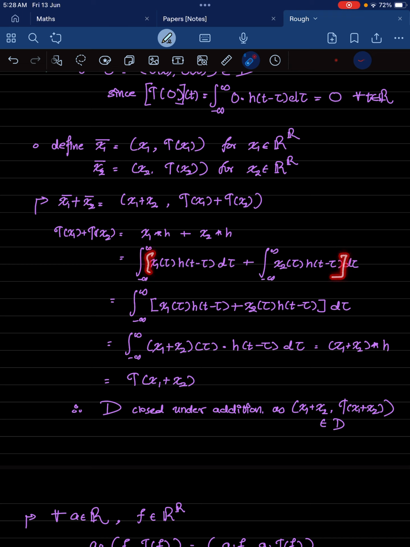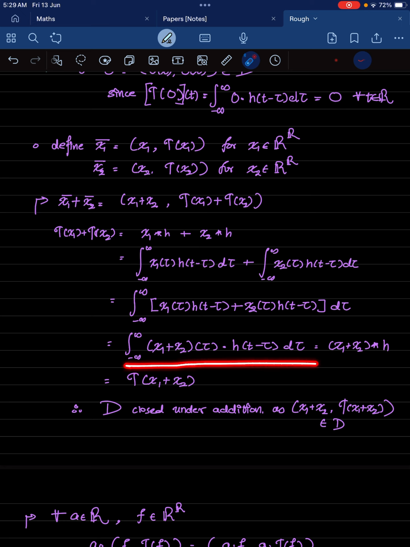So now that I have clubbed this in, that is x1 multiplied by h of t minus tau, plus the same with x2. And now I'll use the distributive property to club the two functions, that is x1 and x2, in, and multiply that with h of t minus tau.